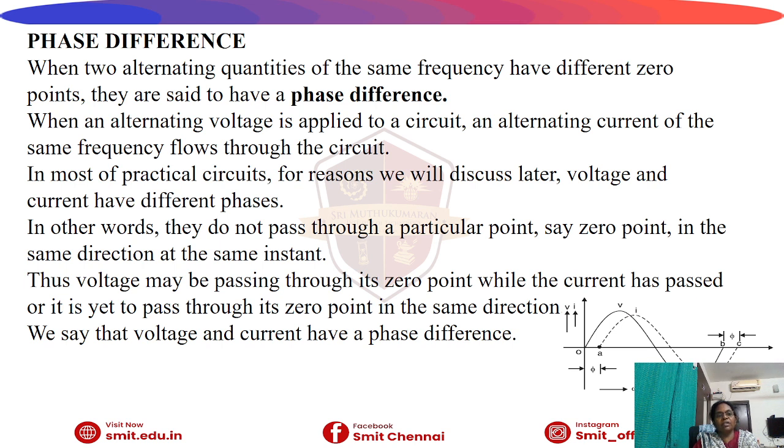In other words, they do not pass through a particular point, say zero point, in the same direction at the same instant. Thus, the voltage may be passing through its zero point while the current has passed or is yet to pass through its zero point in the same direction. So we say that the voltage and current have a phase difference, which we can see clearly in this figure.